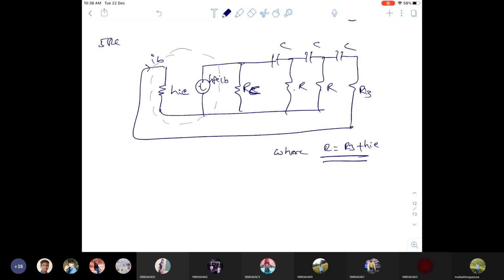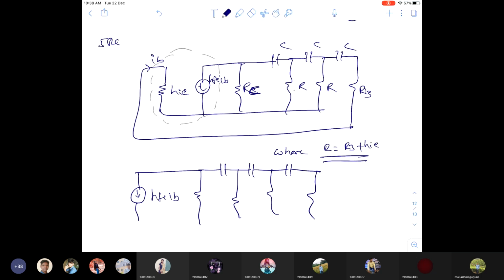So here I can redraw the circuit again: HIE, HFE, IB, RC, capacitor C, resistor, and this is RC, where this RC is equal to R3 plus HIE. Altogether, these 3 resistors are the same, 3 capacitors are the same, and the RC is the same. So this is my circuit.